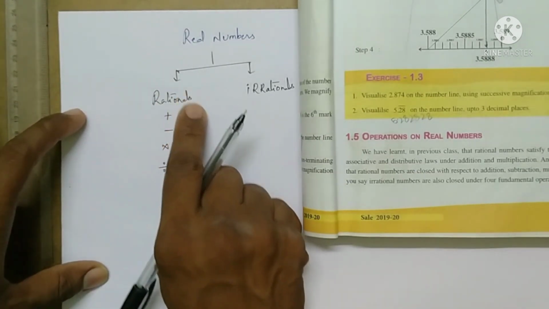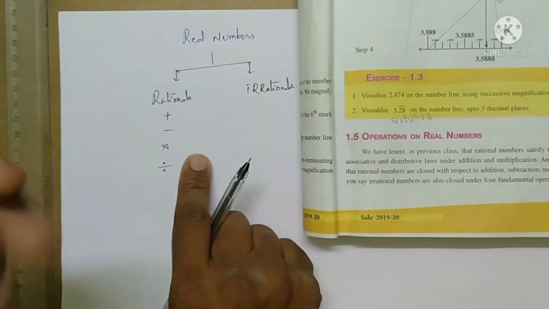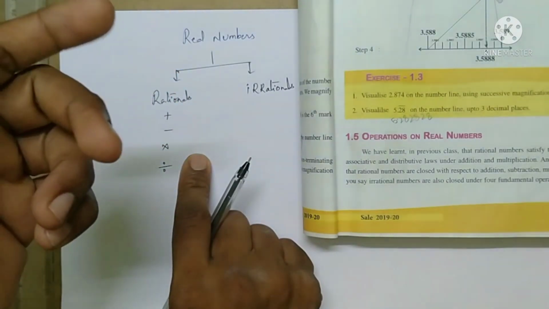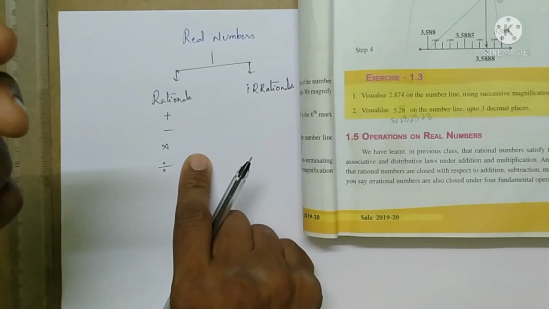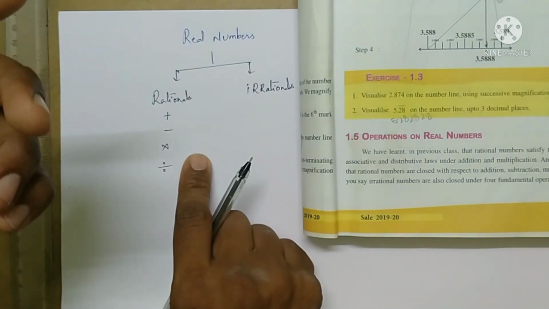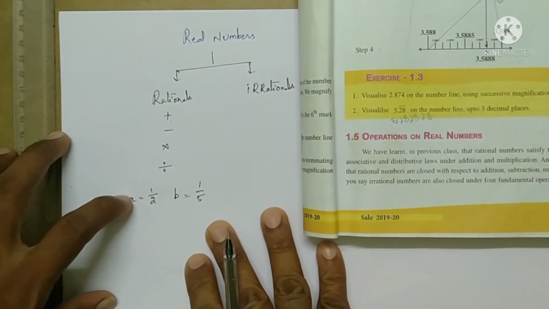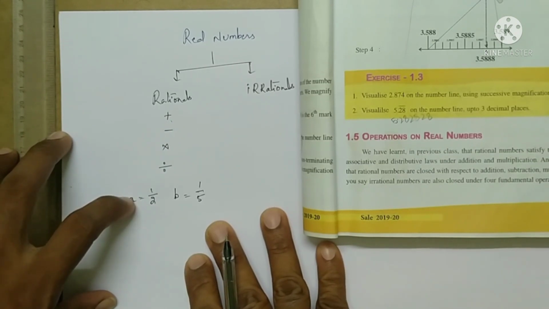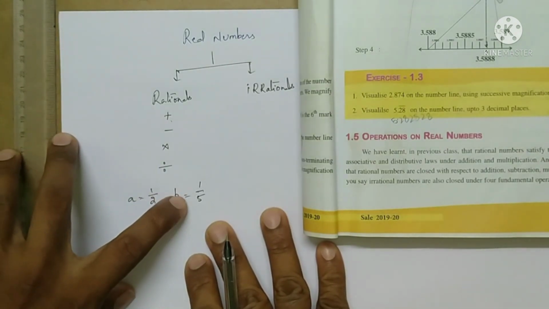Rationals means it is of the form p by q, where q is not equal to 0, and p, q are any integers. Let us take a is equals to 1 by 2, a rational number, and b is equals to 1 by 5.